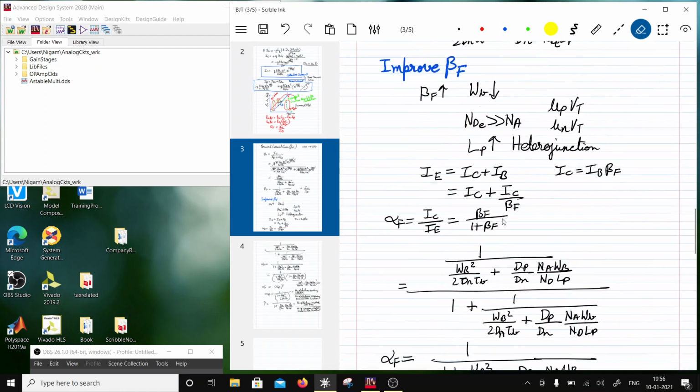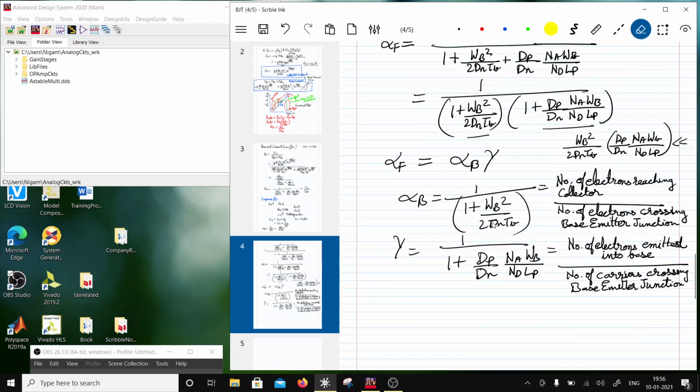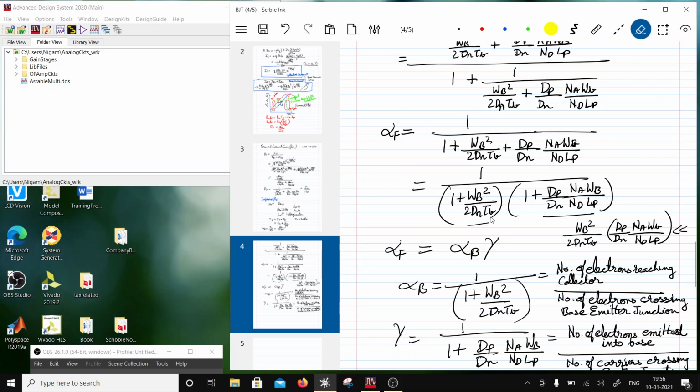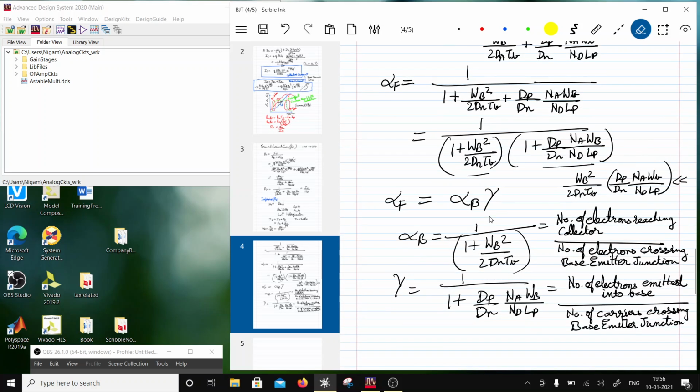So now if you increase the relaxation time tau b, which has to do with the recombination of holes with the electrons, if you increase that time constant, then this figure WB square by twice of DN tau b is going to become small.